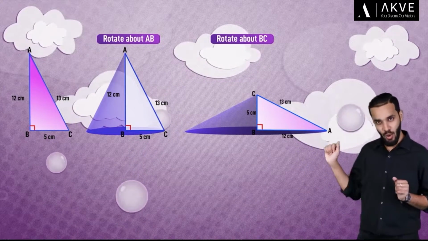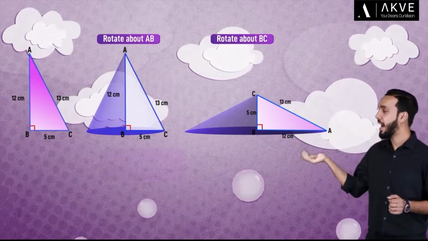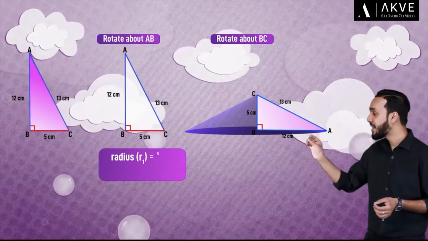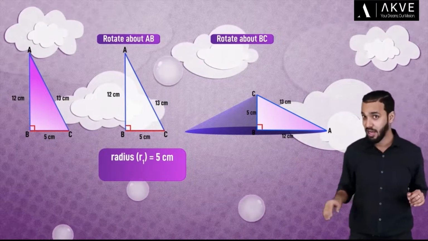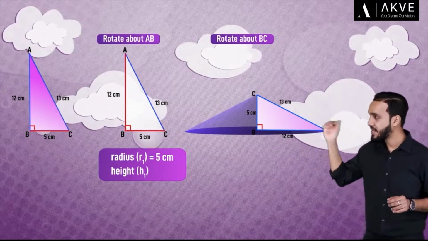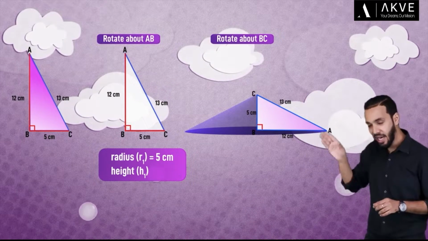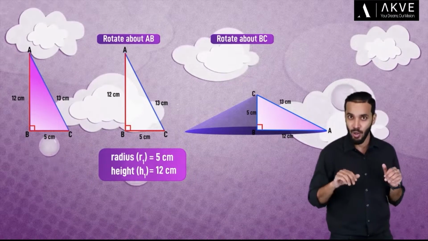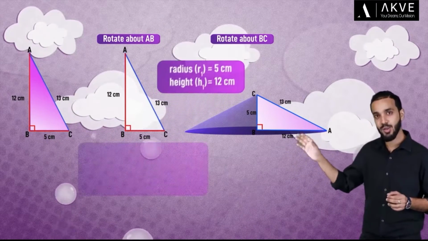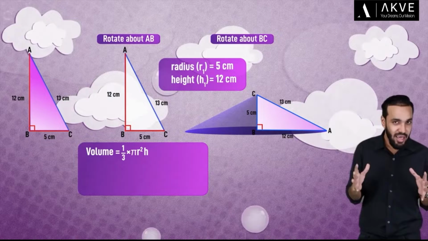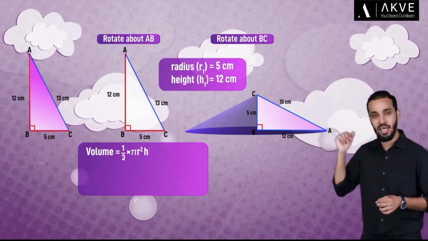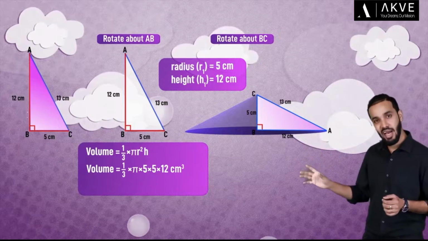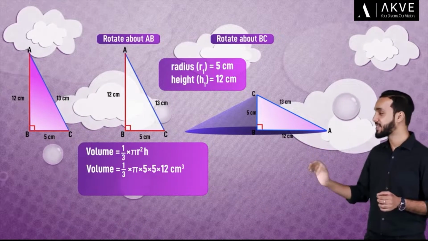For the first cone, its radius, say R1, is the same as the base of the parent triangle, which is 5 centimeters. Similarly, its height, say H1, is the same as the height of the parent triangle, which is 12 centimeters. So, on substituting these values in this formula, we get the volume of the first cone is equal to 1/3 pi into 5 into 5 into 12 cubic centimeters.